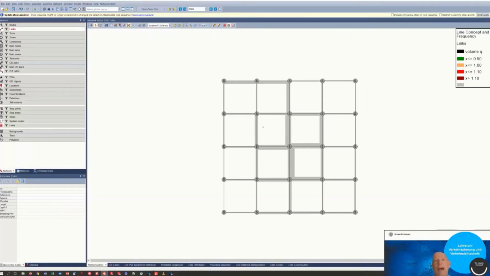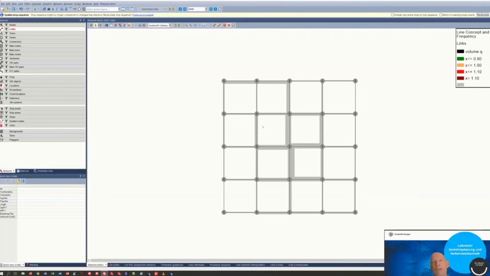Now here, I'm assuming I'm a planner. I have this simple network, but let's assume it was a real network. In gray, I already prepared some data which provides me with a result from my travel demand model. The wider the gray bar, the more travelers we would expect.